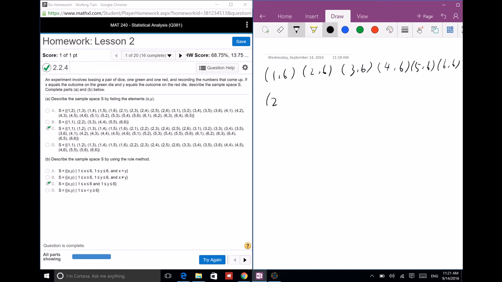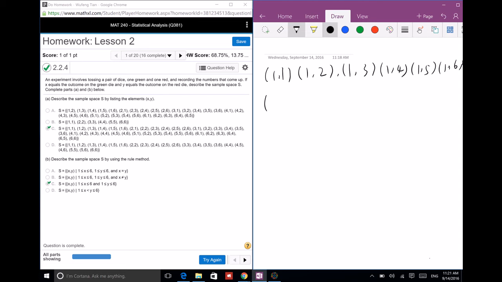Or why do I always start from 6? 1,1, 2,1, 3,1, 4,1, 5,1, 6,1. Oh, my bad. The first is 1. It's always 1. The second one can be 6 different things: 1,3, 1,4, 1,5 and 1,6.